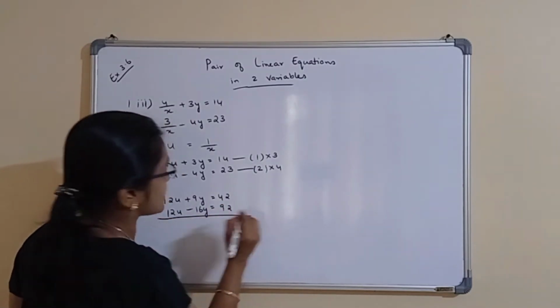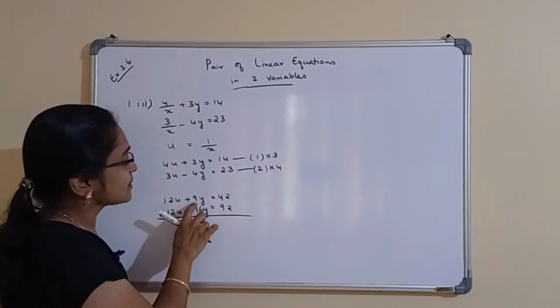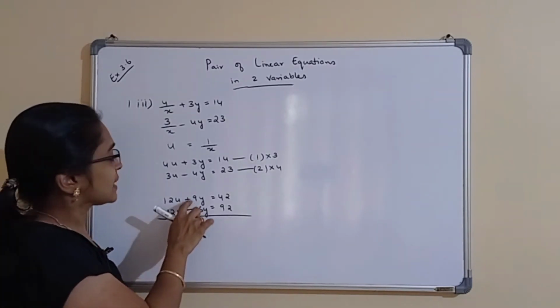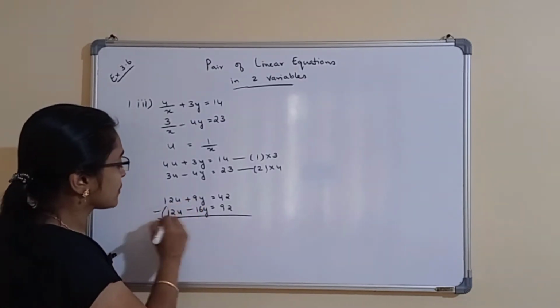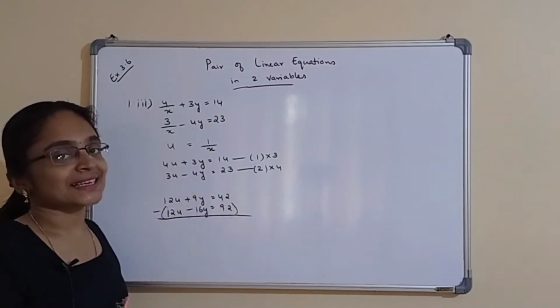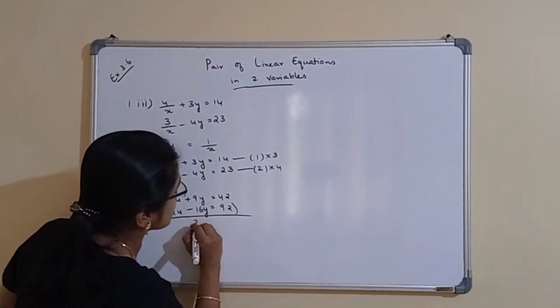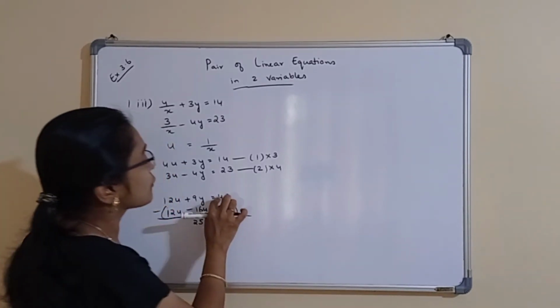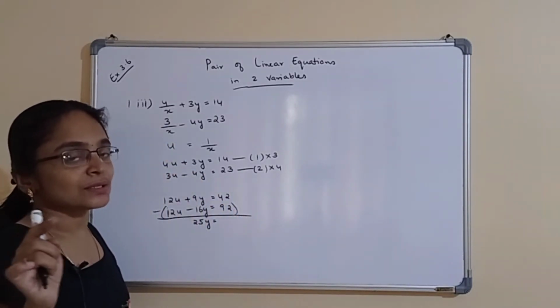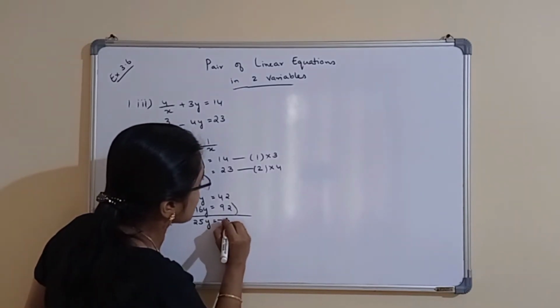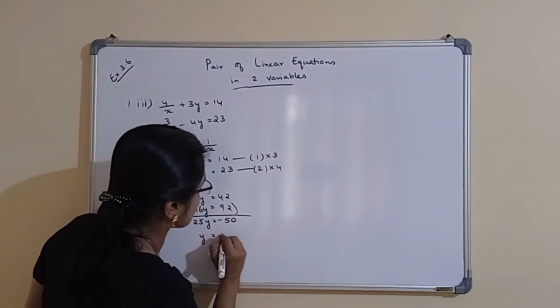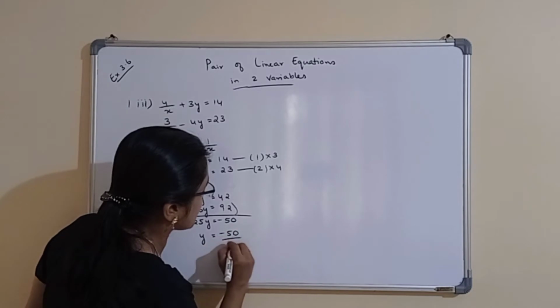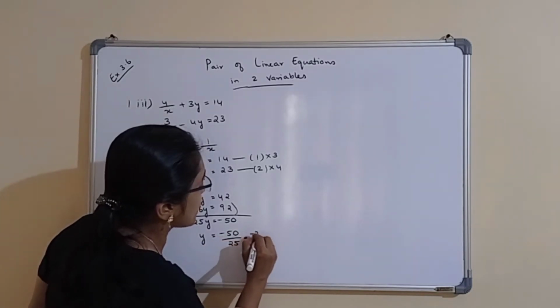So subtract this. We will get 9 minus of minus 16, it is 9 plus 16, which is 25. So 25y is equal to 42 minus 92, which is minus 50. So we got the value of y as minus 50 by 25, which is equal to minus 2.